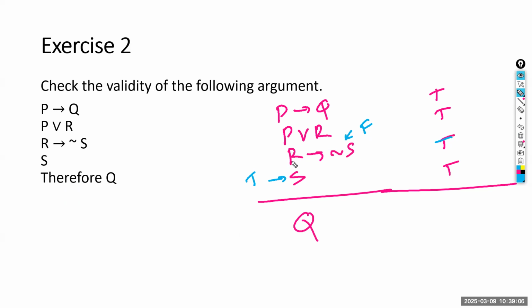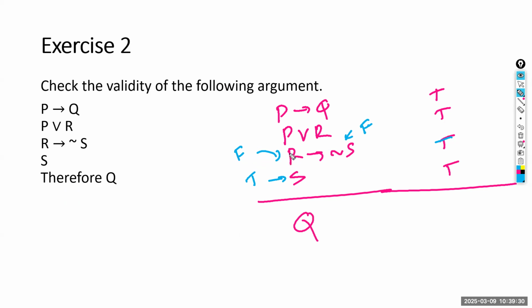If R is false. Because if R is true, true implies false is false. So therefore R must be false, not may. R must be false, because then only false implies false is true. There's no way R can be true.